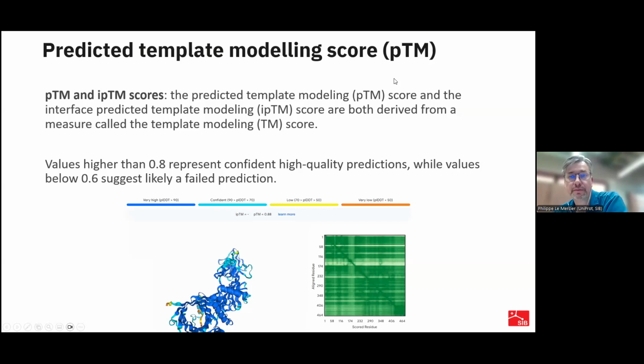So you have also the predicted template modeling score, which is for the whole protein. If you have, for example, a baculovirus prediction, you see the local confidence by the colors, but you have also a pTM for the whole protein, okay? Which gives you an idea.